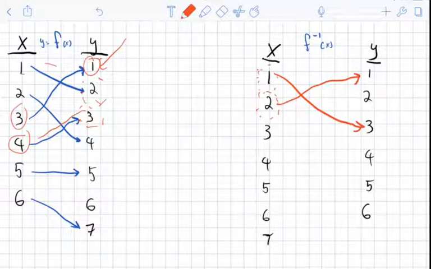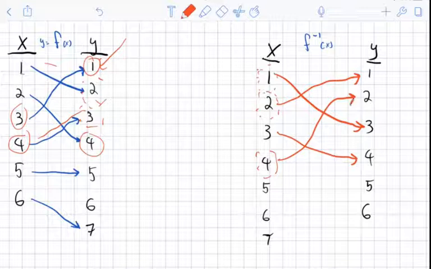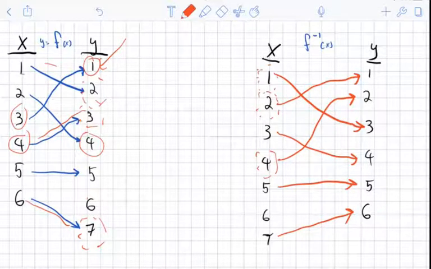So it goes from 3 to 4. 4 over here connects with 2. So this one goes like that. 5 goes to 5. 6 doesn't go anywhere, and 7 goes to 6. Okay? So it's helpful to be able to essentially switch back and forth between these.